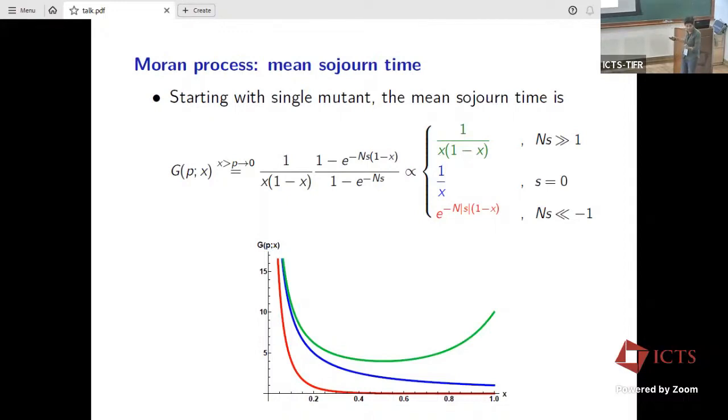If it's a deleterious mutation, the chances are even worse, and that's why it decreases even faster. But for a beneficial mutant, it has a high chance of getting up to high frequency, right? So therefore, it initially decreases and then it increases. So that's a U-shaped function. I want you to keep these three very qualitatively different looking plots in mind. That's the basic thing that I want you to remember from this talk.